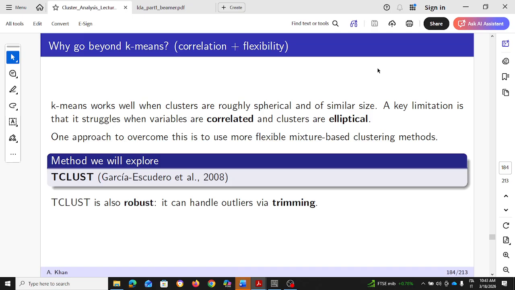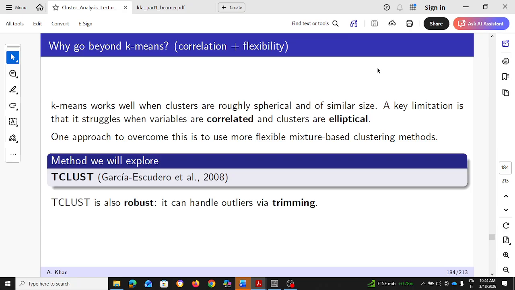So we have a new model or a new algorithm that can deal with those correlations. We call it TCLUST. The idea here is that TCLUST trims some of the far values in your data, which we could consider as outliers. We also know when we were studying k-means, we said if we have outliers in k-means, k-means goes crazy.